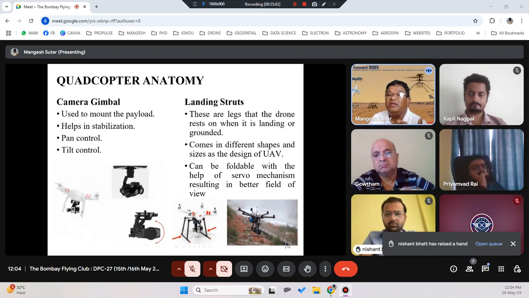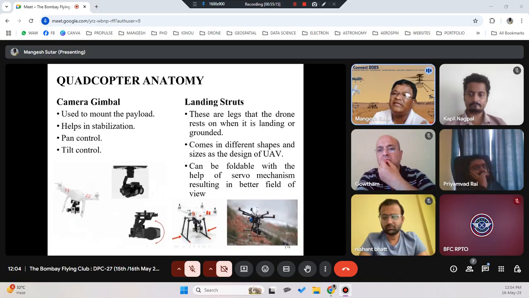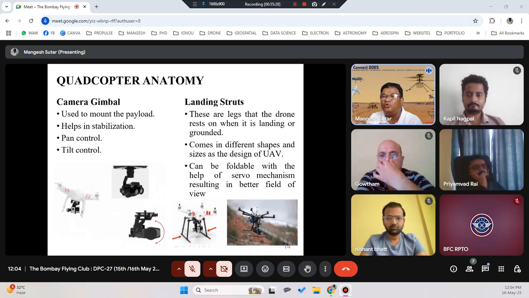Or in the case of cinematographers who are using, like, the DJI Inspire, the DJI Inspire has two remotes. One remote is given to the pilot who flies the drone, and there is another remote. Both remotes are the same, but two remotes are being used because one is controlling the flight motion of the drone, and one person is controlling the motion of your camera, the pan and tilt motion, the way you want to shoot.